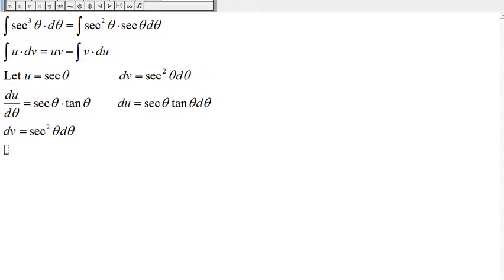And then we'll integrate on the left, and integrate the right. And nothing here, so we can put a 1. So we end up with v equal to, and recall that the derivative of tangent is secant square, so the antiderivative of secant square is tangent.